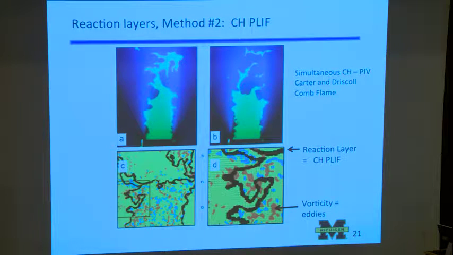On the other hand, we did both simultaneous CH PLIF and PIV, so we could image the vortices, and you see all the little eddies and where they were going into this flame. But these are not kilohertz, so we can only get them at random times. We couldn't get movies like we can today.